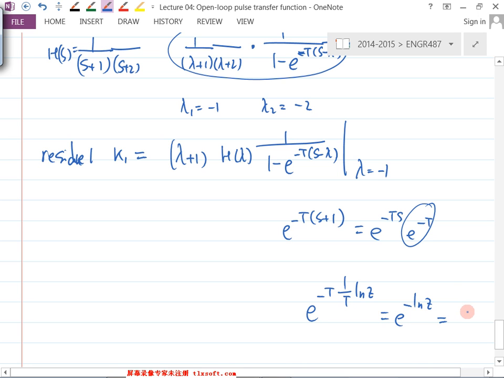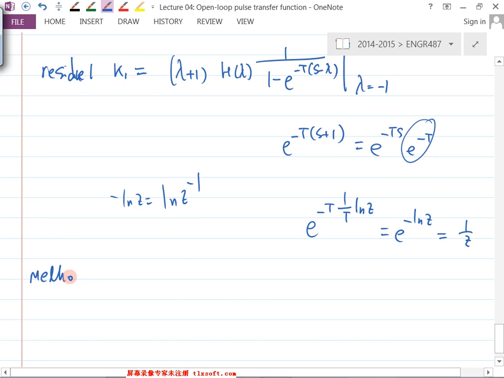It's 1 over z, since negative ln z equals ln z to the power of -1. So you end up with just a pure z function now if you do these steps. Is that good? That's the first approach: getting from h of s to h star of s, and then from h star of s to h of z.